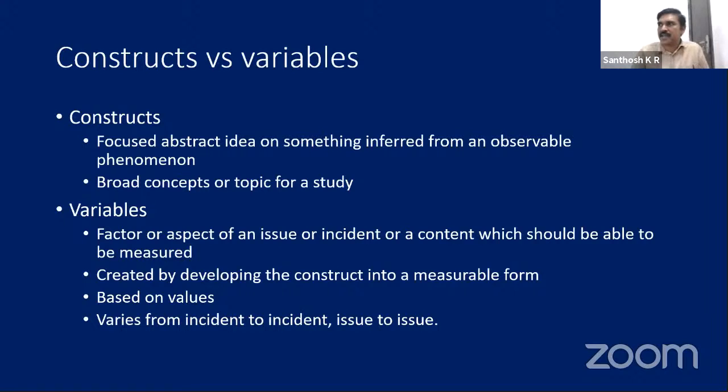Every one of us might have experienced at least a limited amount of parental warmth. In future, we may be providing parental warmth. It need not be our direct parent; maybe some of our distant relatives may also give us warmth. Everybody knows what is meant by warmth. So we can say a construct is an experience which we have.